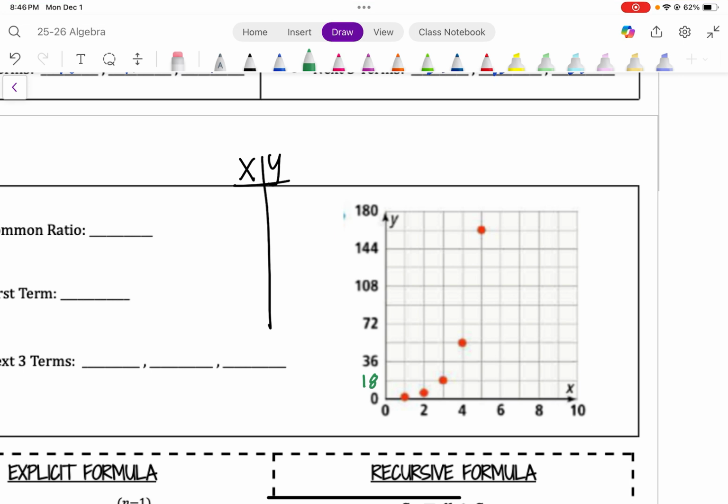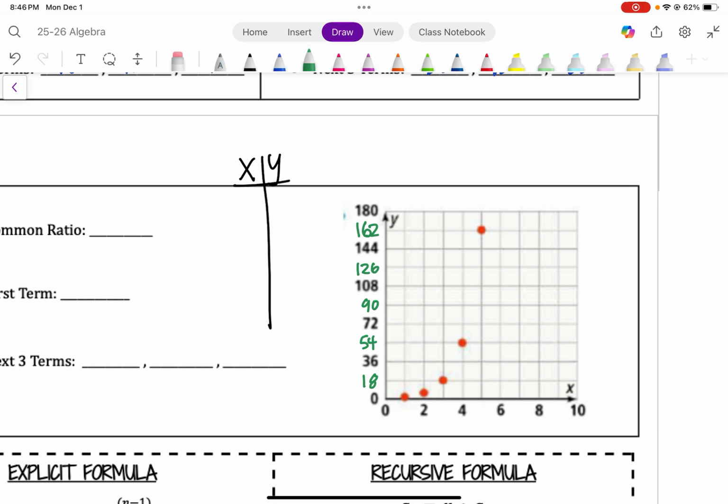So 36 plus 18 would be 54. 72 plus 18 would be 90. Plus 18 would be 108. Plus 18 would be 126, 144, 162. Okay, we want to see what are these ordered pairs.